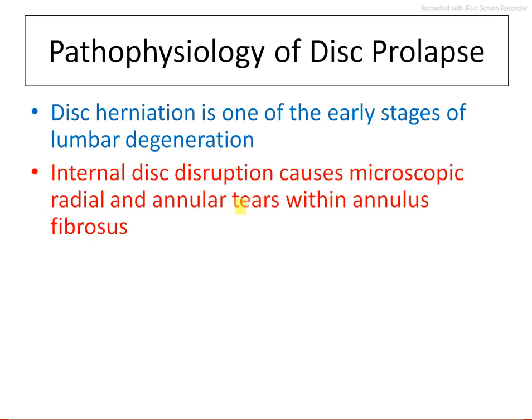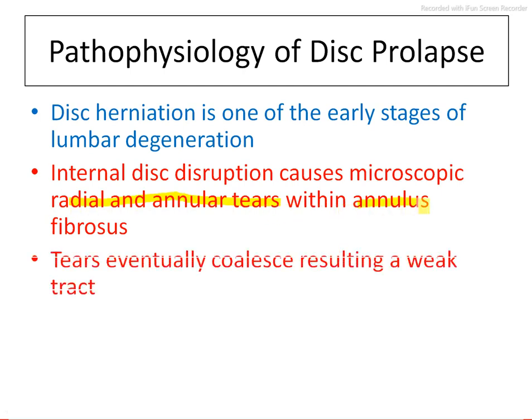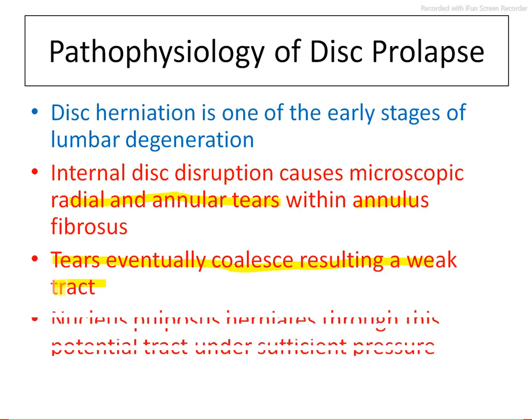As I have already told you, different microscopic radial and annular tears take place in the annulus fibrosus, and these tears eventually coalesce, resulting in a weak tract. So there will be the formation of a tract, and the nucleus pulposus herniates through this potential tract under sufficient pressure.